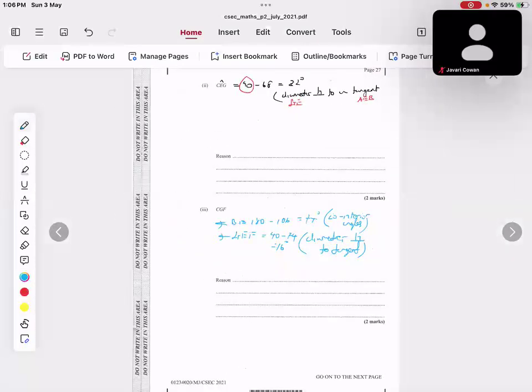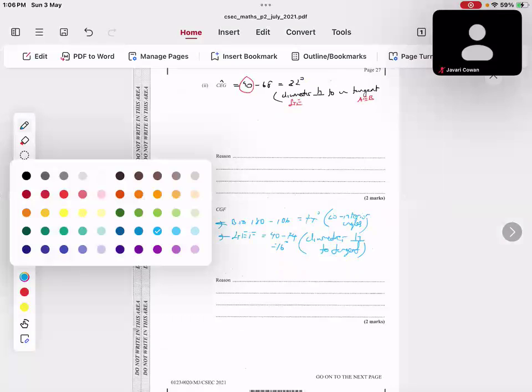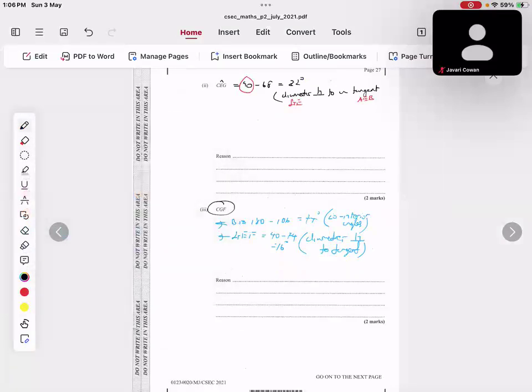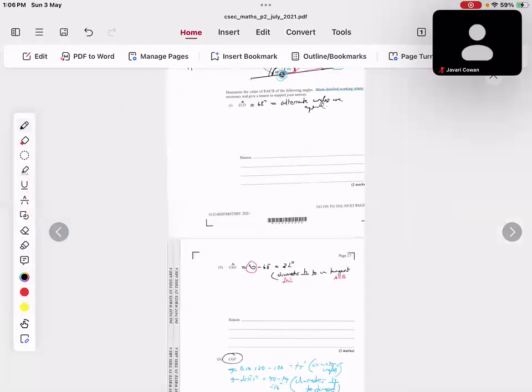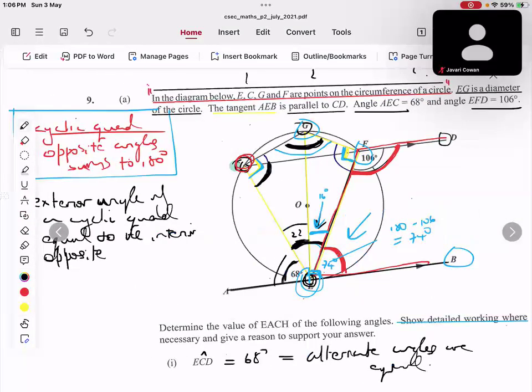So therefore, finally now, this angle right here, CGF, is equal to 180 minus the 22 and the 16 together.